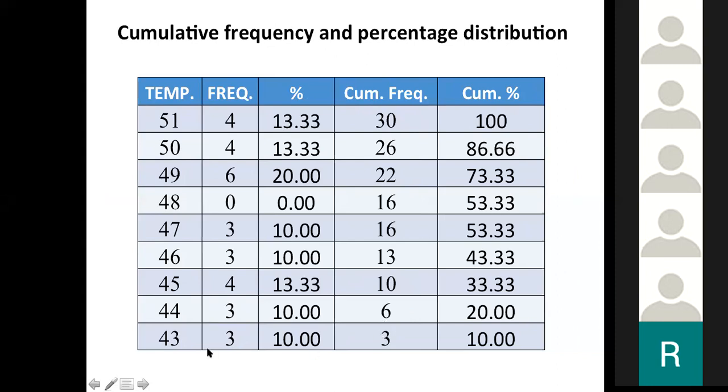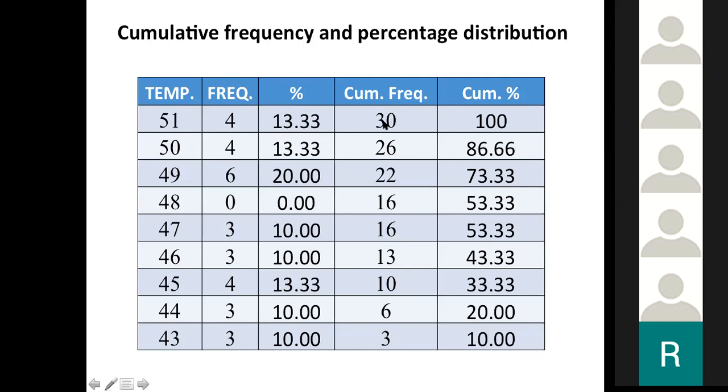The first 43 is 3 times, and then the 44 also 3. So you just add it up, and 3 becomes 6, and then you have 4. 6 plus 4 is 10, and then you have 3, and 3 plus 10 is 13, and finally you have the 30.